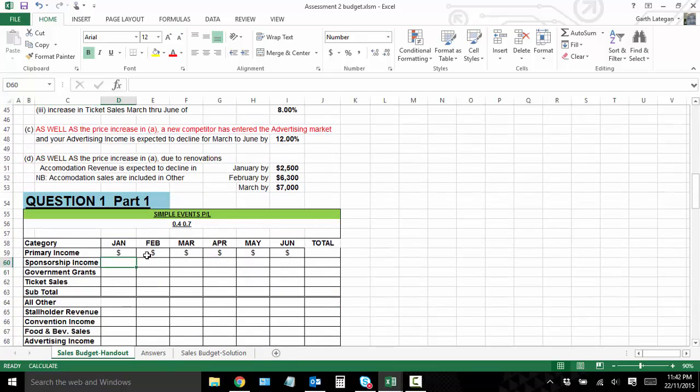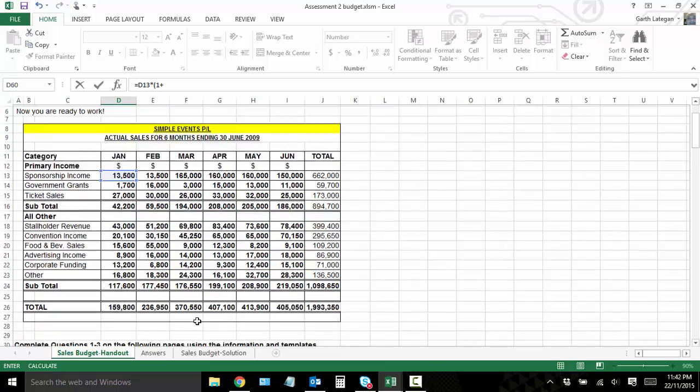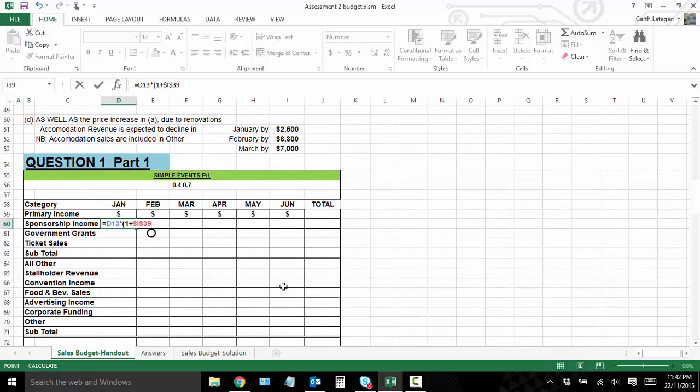So in the income we go equals, get the value, and then times it by 1 plus the increase of 2%. I put the dollar sign there, or F4, and then close the brackets.